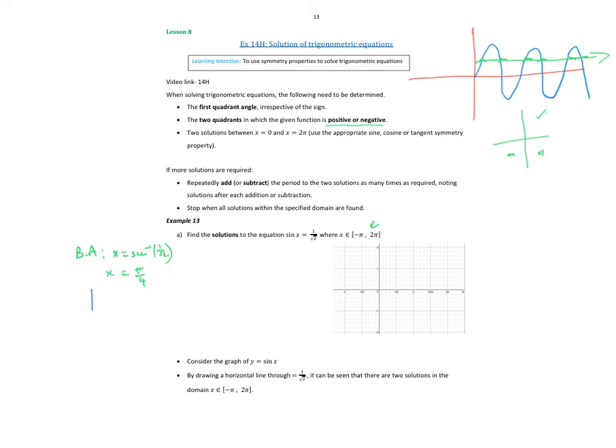The next thing I'm going to do is draw a little crosshair and say, I need sine x equal to positive 1 on root 2. So whereabouts is sine positive? It's in the first and second quadrants. They're the two angles I'm interested in. This angle here is just pi on 4.